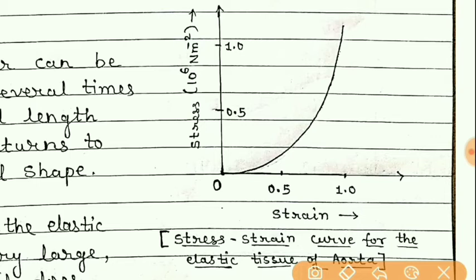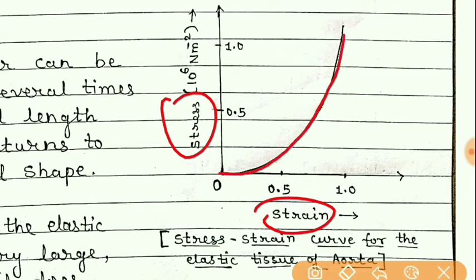The blood which is pumped out from the heart passes through the aorta. So that tissue is very flexible, and so for such a material, if the stress strain graph is obtained, then that graph is like this. You can see at no place it is a straight line.